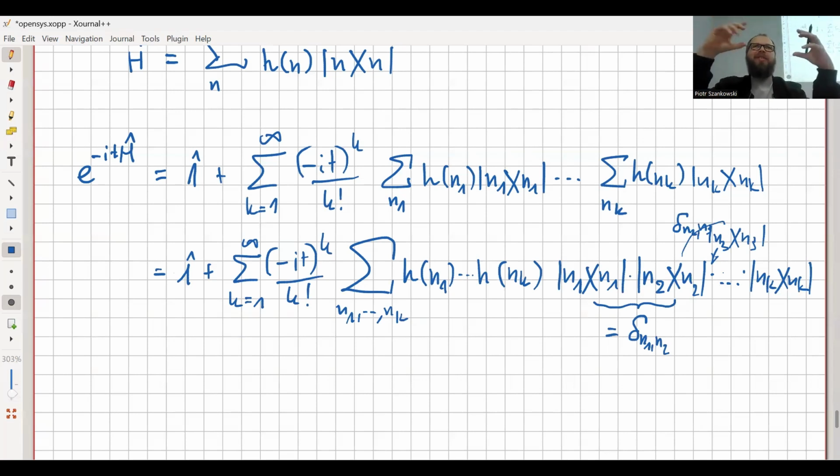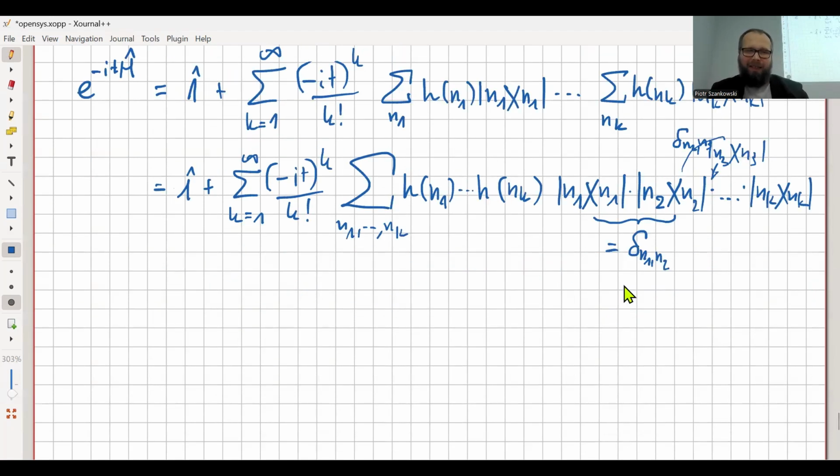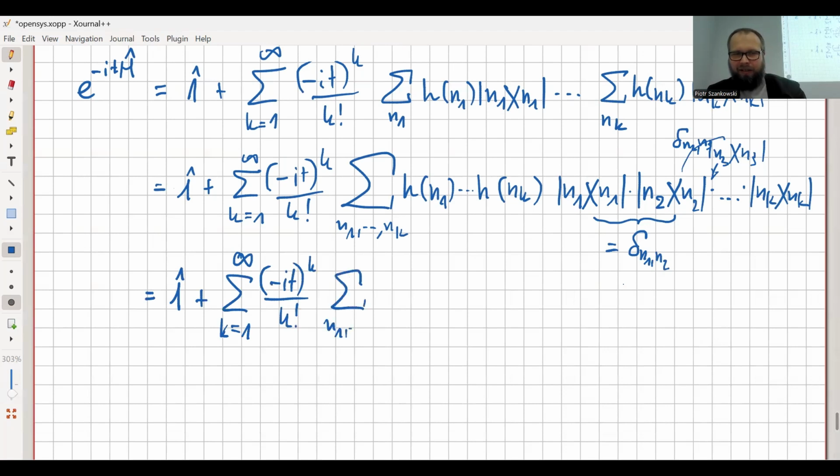All the projectors will eat each other up, and once they multiply with each other, they will essentially synchronize their indices. With the factorial, there will be nk.